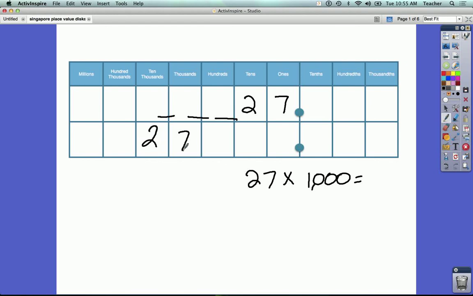And then do I just leave it like that? What do I need to do? Exactly. You can't just leave a number that says 27 unless you have the zeros to go with it, 27,000. Zeros have no value. They act as a place marker.